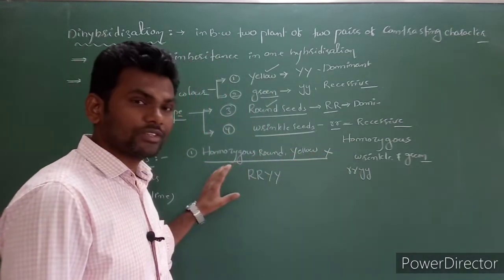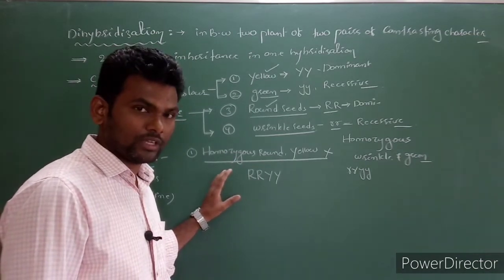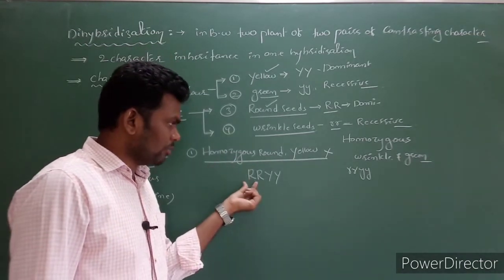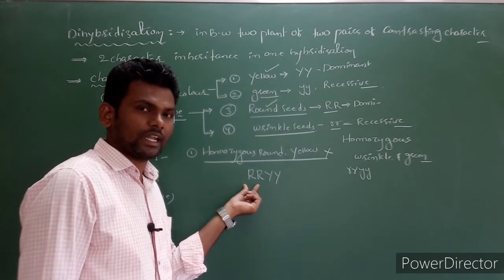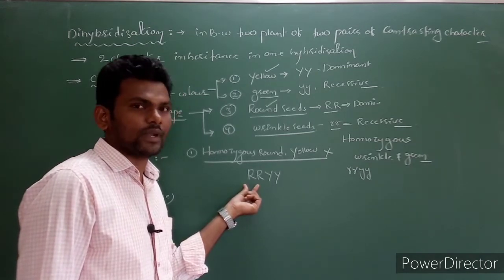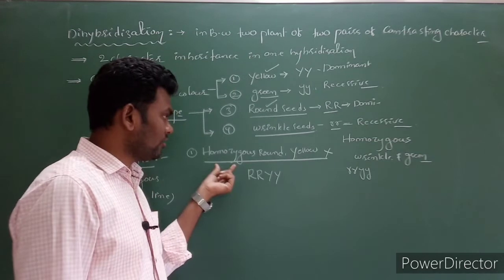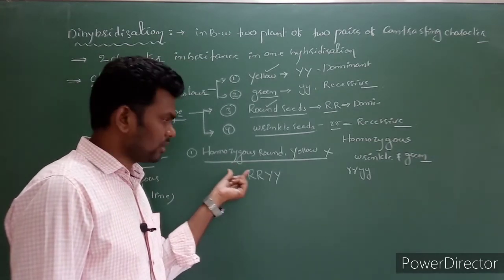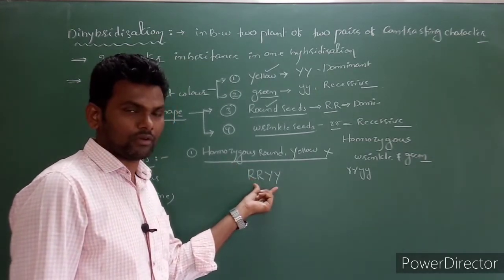Mendel already gave the definition of dominant: dominant genes can express their character in homozygous as well as heterozygous condition. But here, the parents we take must be in homozygous condition.